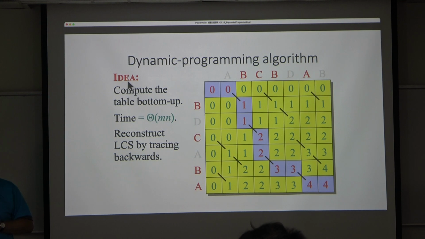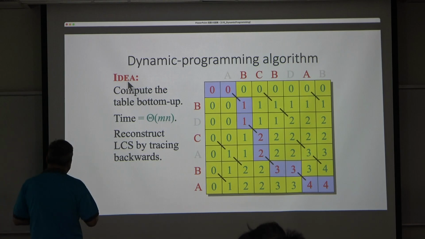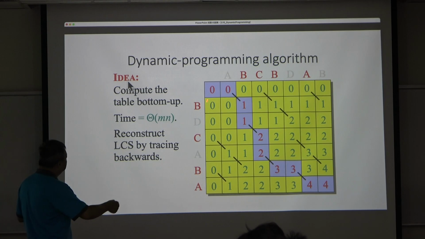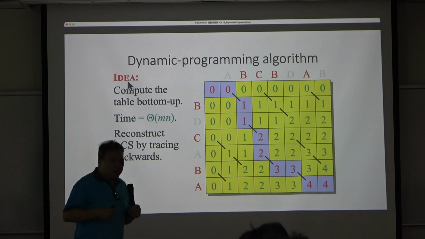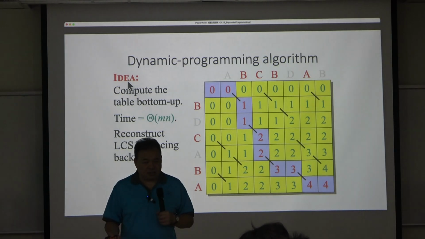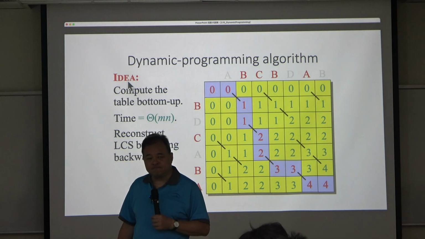But our problem is not for you to compute the size of the longest common subsequence. Our problem is for you to compute the longest common subsequence itself. So there's a difference here. Once you have this table, how do you construct the longest common subsequence?